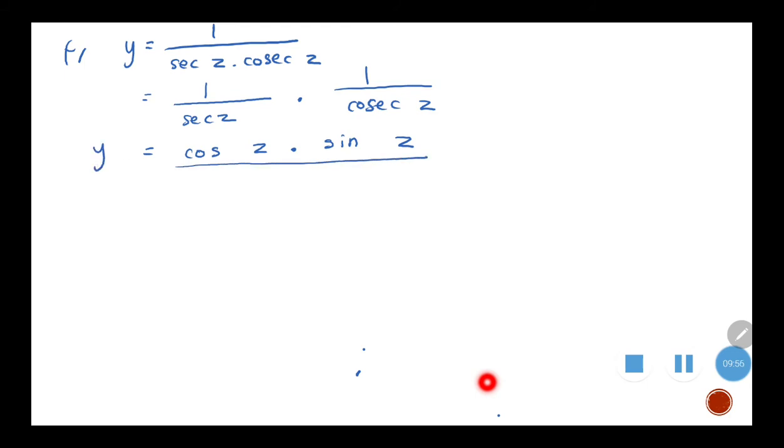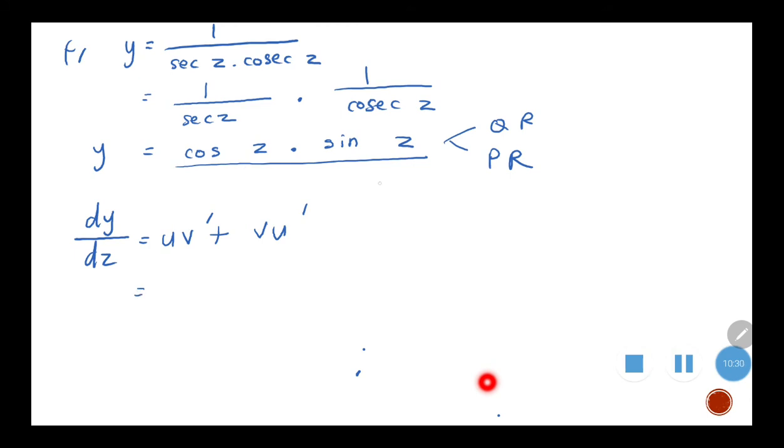When you look at this, do you know which rule we should use? Is it the quotient rule or the product rule? Yes, we should use the product rule because there is no denominator or numerator, right? So for the product rule, what is the equation again? This is dy over dz. The product rule is uv prime plus vu prime.